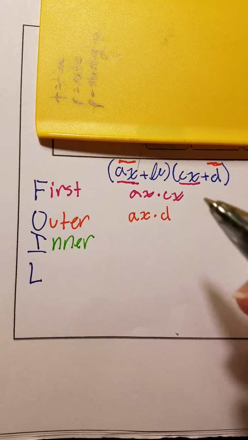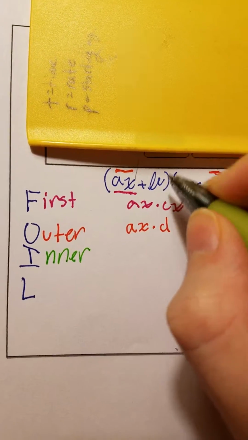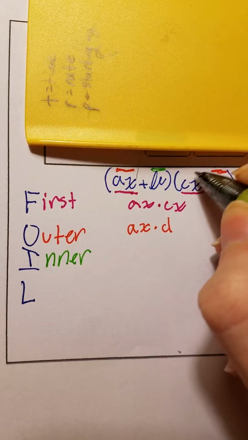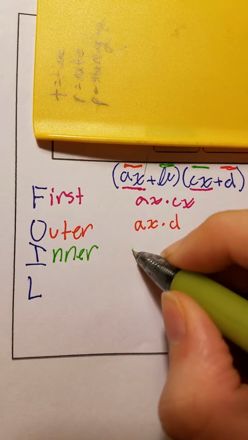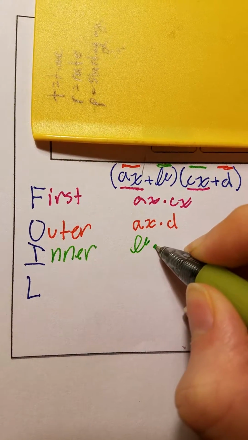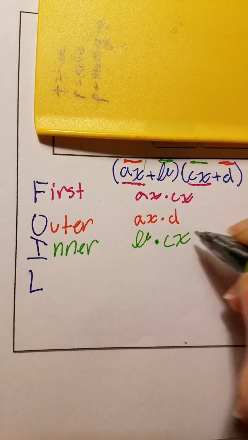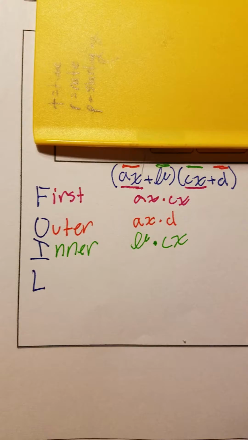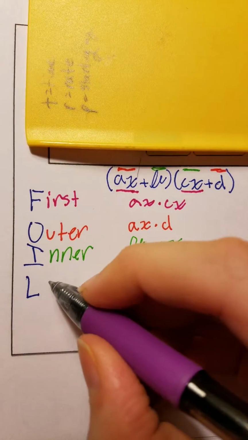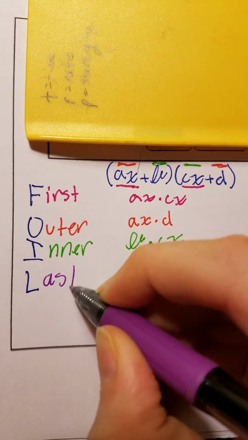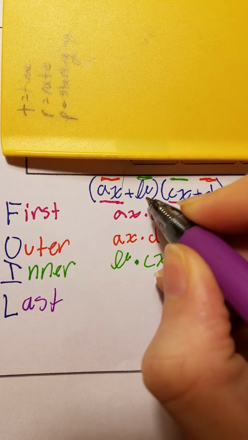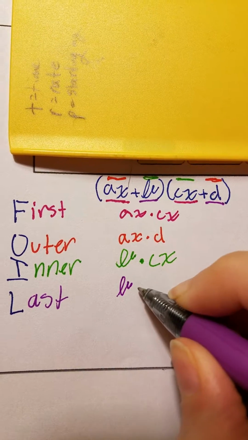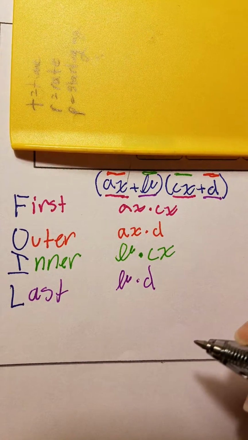You multiply the inside terms of each binomial, which is B and CX. And then last, again, a very great name for this step because it is, in fact, the last step. You multiply the last two terms of each binomial, which would be B times D.